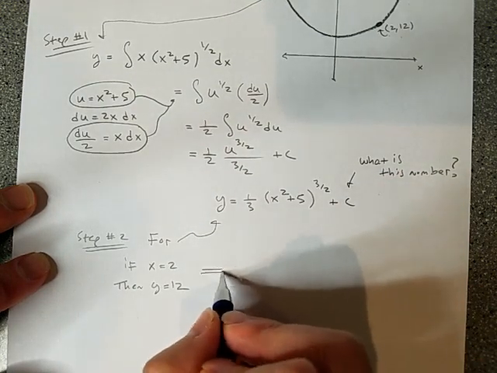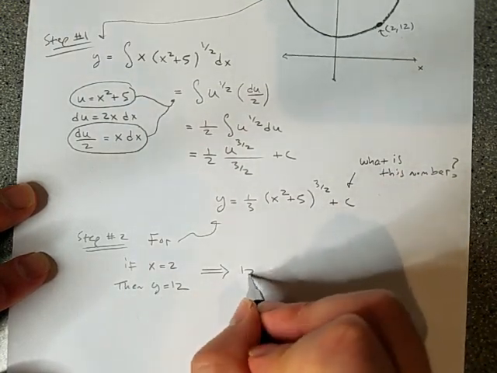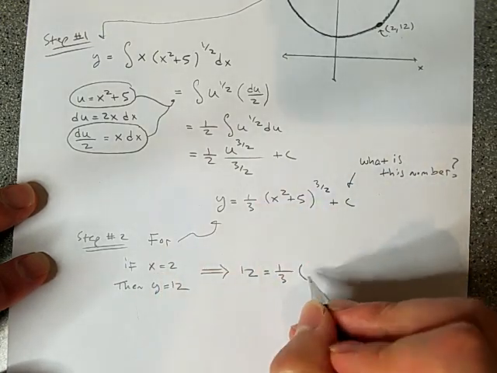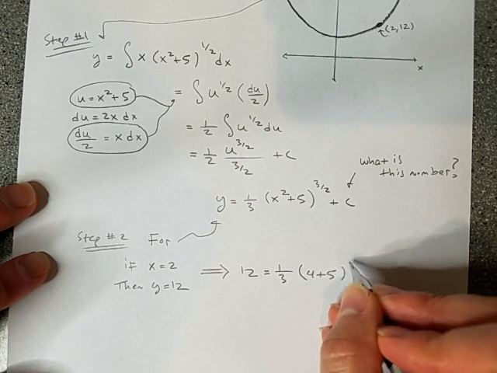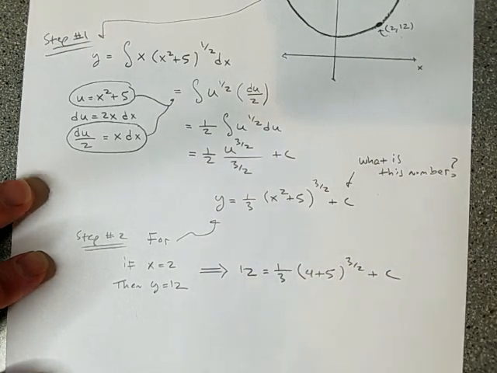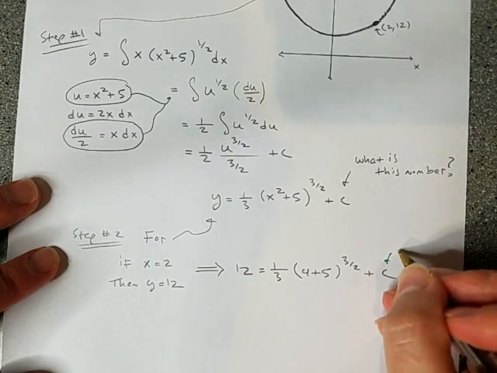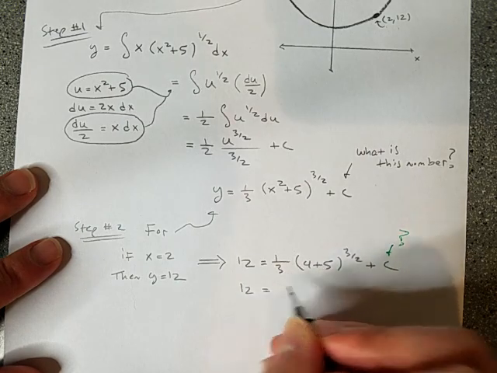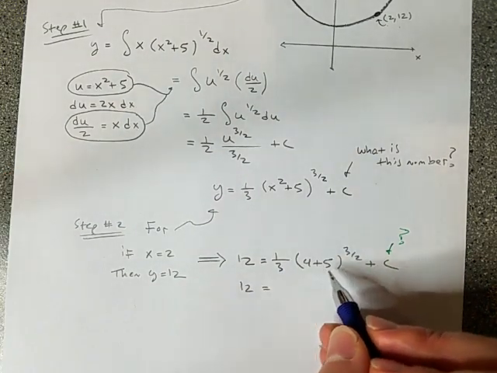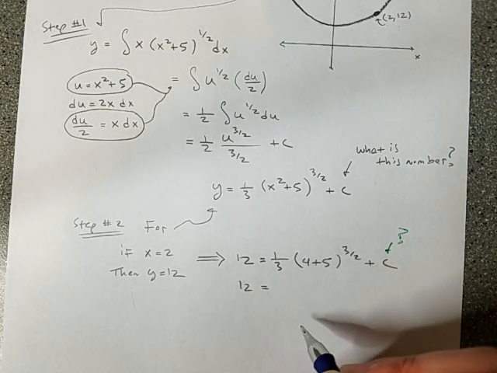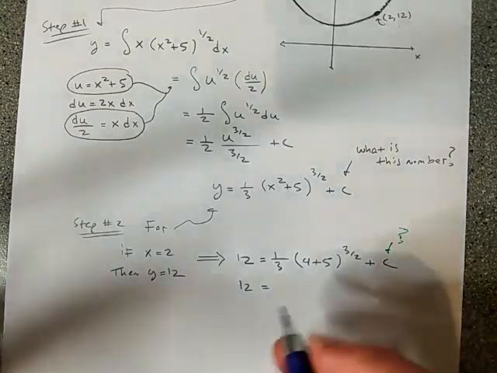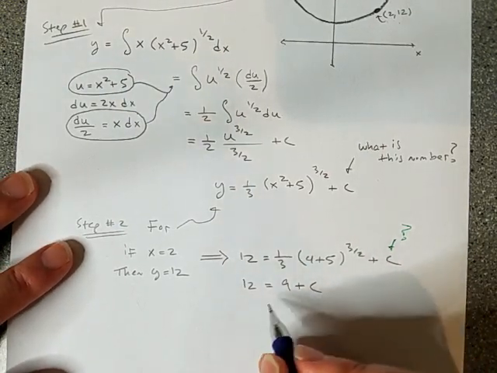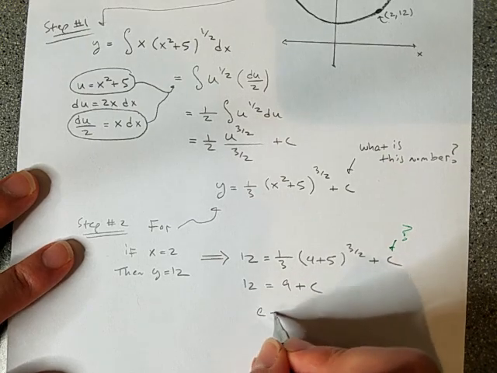So watch what happens if we do that. y is 12 whenever x is 2, and that's enough information to figure out what that number c should be. So let's see, that's 9, right? The square root of 9 is 3. 3 to the 3rd power is 27. 27 divided by 3 is 9. So we want 12 is 9 plus what? c is equal to 3.